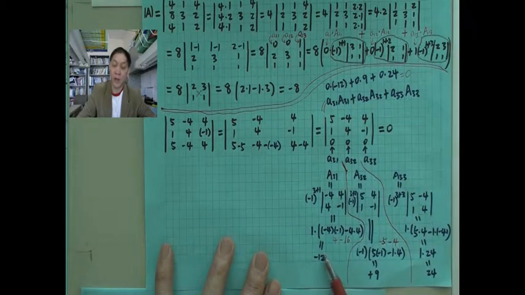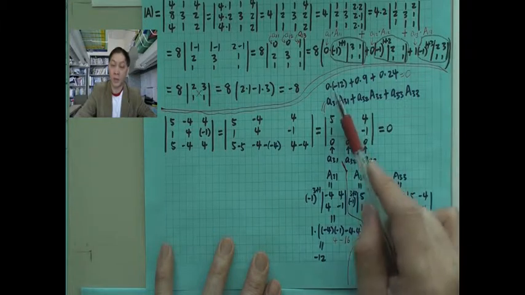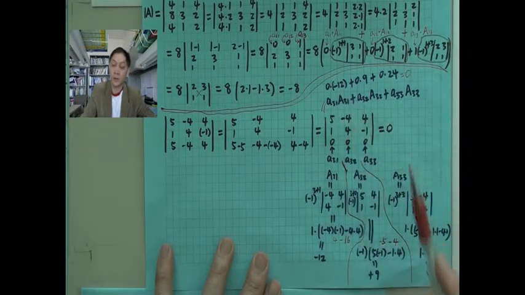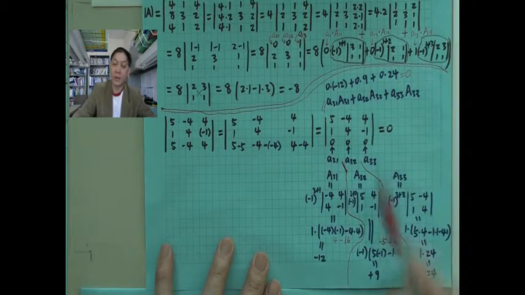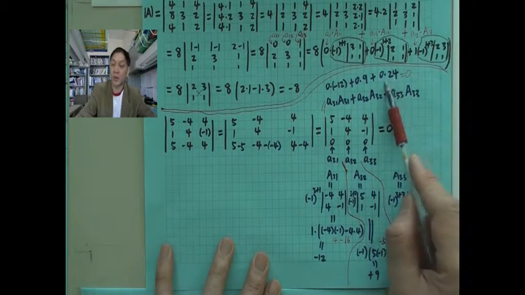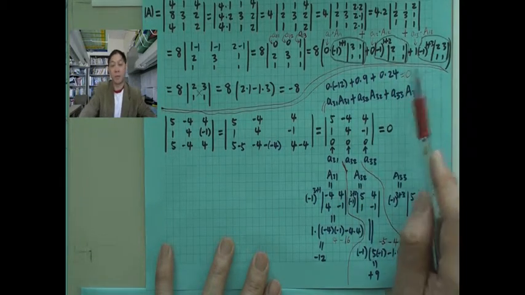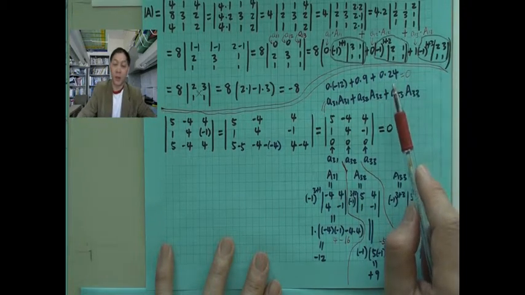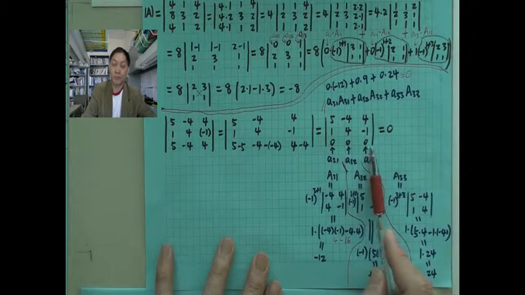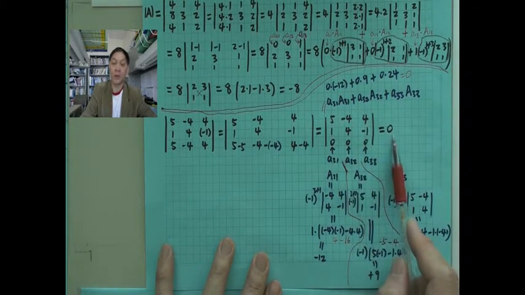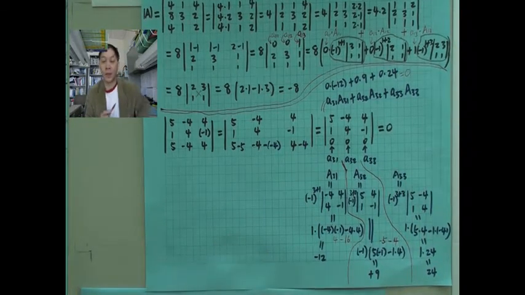Even if you don't find negative 12, you know here is 0. 0 times anything is 0. And 0 times 9 is 0. 0 times 24 is 0. So you get the determinant is 0. If one row is 0, the whole determinant will be 0. That's the reason.